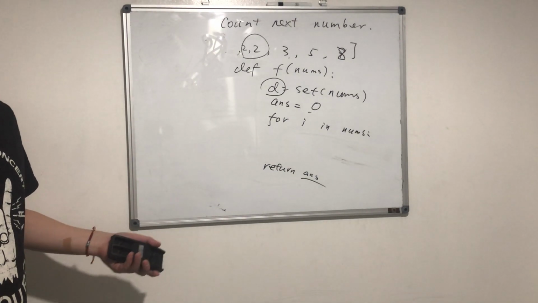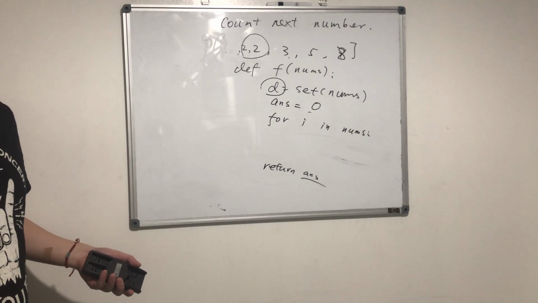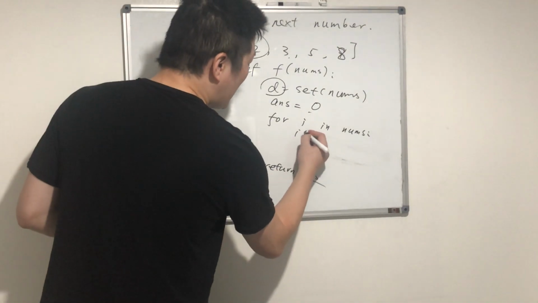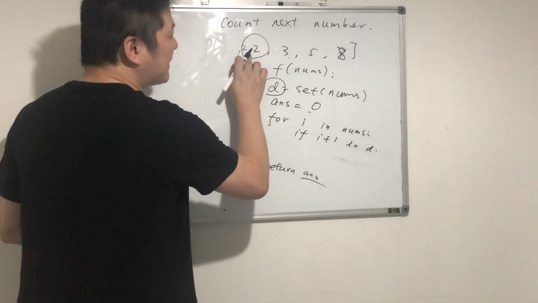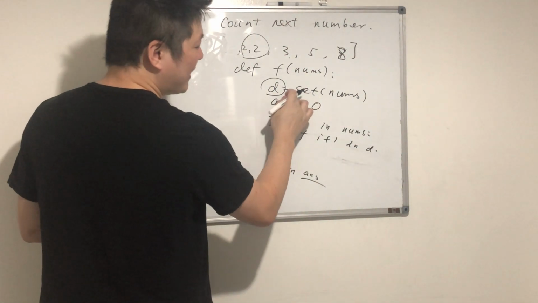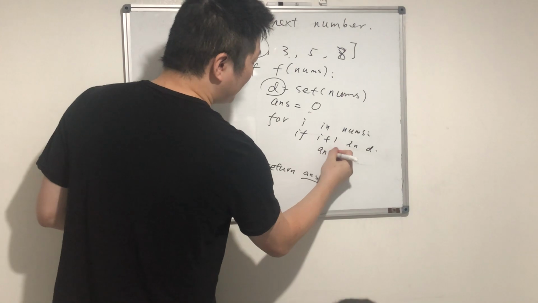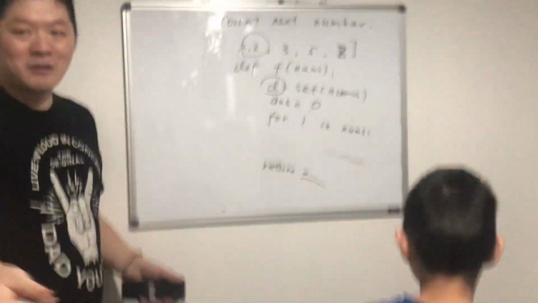Write one and then we can finish it. Don't be shy. Okay, look. If I plus 1 in D, right? Because we're checking the next number. If it's 2, the 3 is the next number in the dictionary, in a set. We add the counter, yeah? Okay? See? Come on.